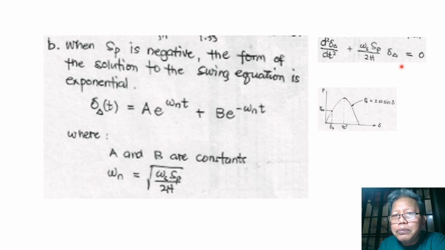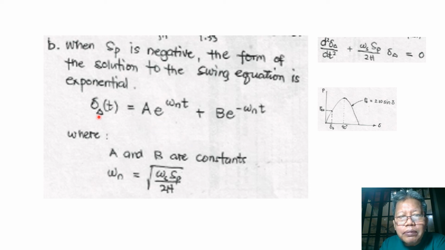So we have two roots because we have a quadratic, and our first root would be omega n, and the other root is minus omega n. And when in our differential equation we have roots that are real and distinct, then the form of the solution would be exponential.